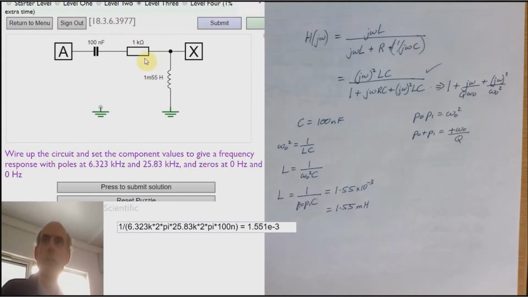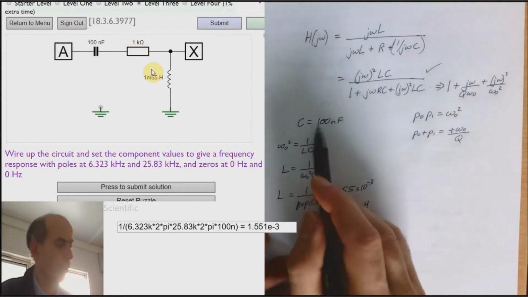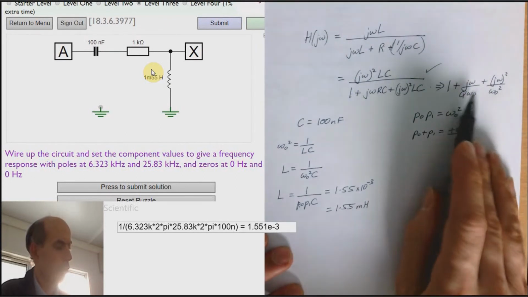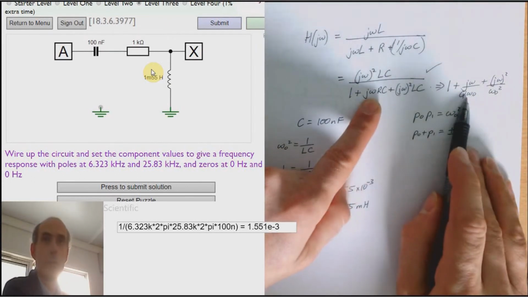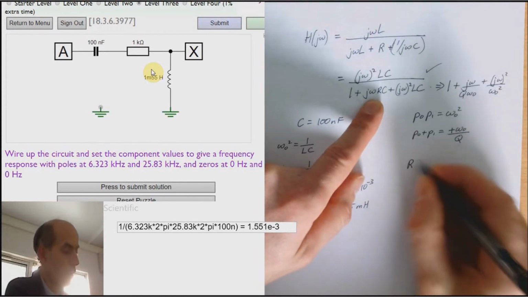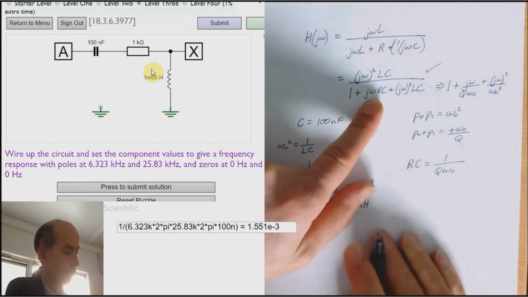That just leaves the value of the resistor to work out. The value of the resistor we get from looking at the Q factor, comparing the coefficients of j omega between these two forms of the equation here. We can see that RC equals 1 over Q omega naught.